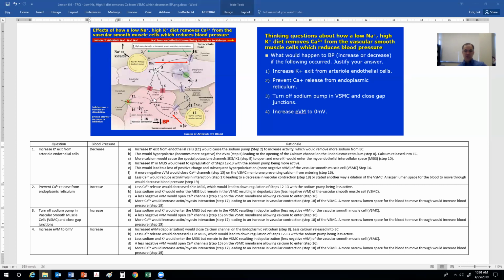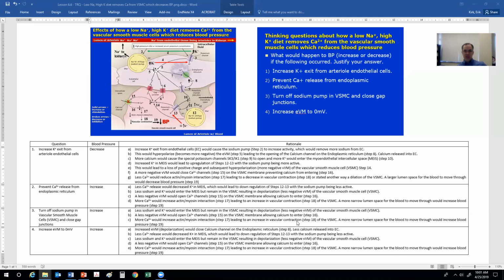Therefore, the hyperpolarization of the vascular smooth muscle cell would not occur. Therefore, the calcium channels would remain open. Calcium would enter. You'd have an increase in actin and myosin interaction, increased vascular contraction, so a narrowing of the space for the blood to flow through in the arterioles, and therefore blood pressure would rise.